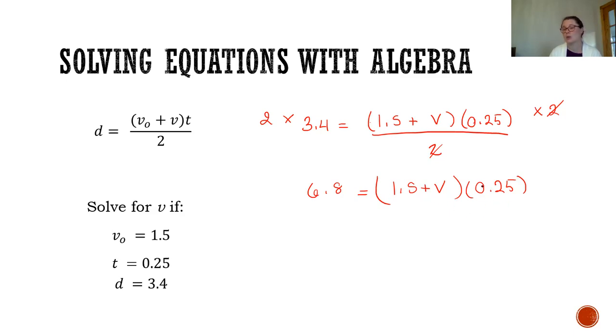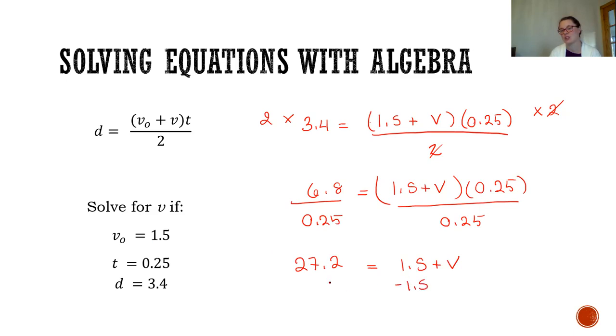All right, so we're going to get rid of this multiplying. Well, that's easy enough to do. You know how to undo multiplying. We undo it with division, so 0.25. We're going to divide this side by 0.25. And 6.8 divided by 0.25 leaves us with 27.2 equals 1.5 plus V, and we'll subtract 1.5 from each side.